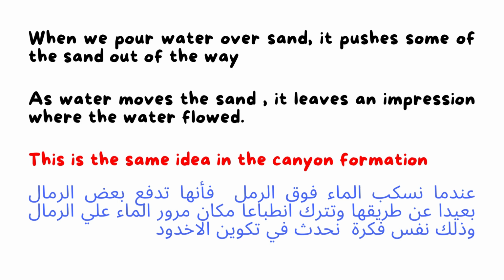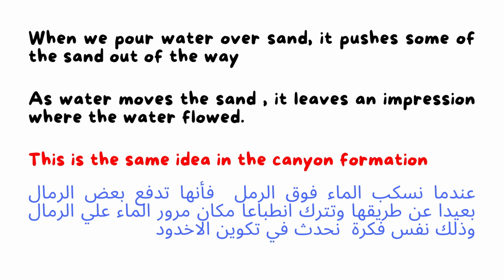This is the same idea that happens in the formation of a canyon, as the flowing water carves deep valleys, okay? It takes millions of years to be formed, and we see the impression of this flowing water, as we saw in the sand.